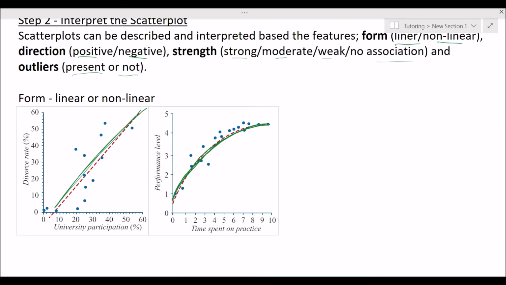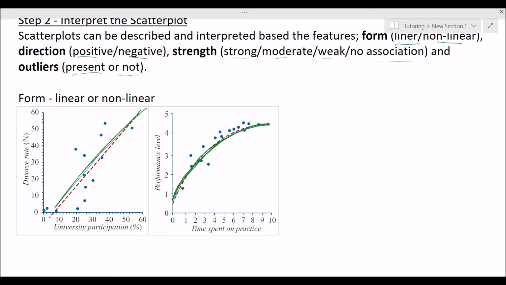If the data is non-linear, we have to do a different process. You can't do linear regression analysis on data that is not linear. So that's one of our first assumptions, that the data is linear.